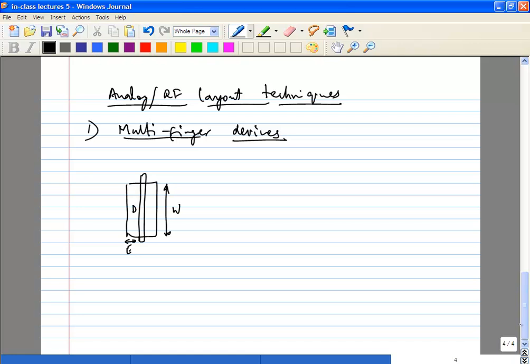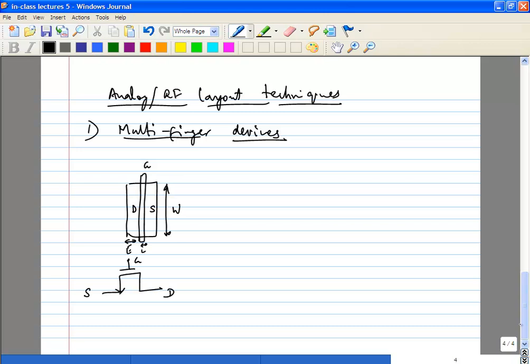And let's say this is your drain, this is your source, this is your gate, and of course this is your L. So if you just look at the schematic, this transistor is going to look something like this.